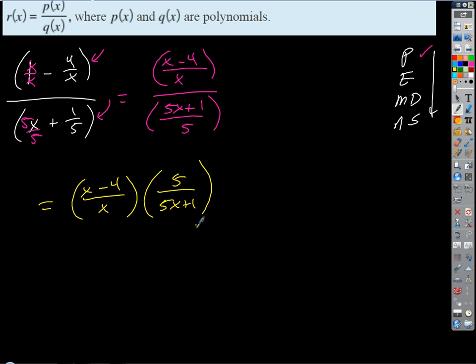Okay, and so I just multiply those out. And what do I get if I do? 5x minus 20 over 5x squared plus x. Okay, once again, how would I check this one? Plug in a value, because it's not an equation, we're just changing the form of something. Good. Okay.